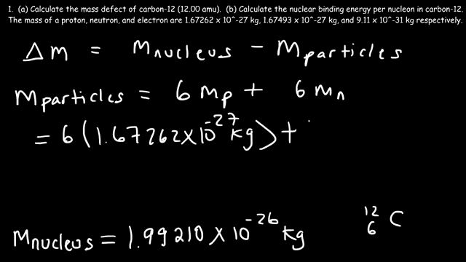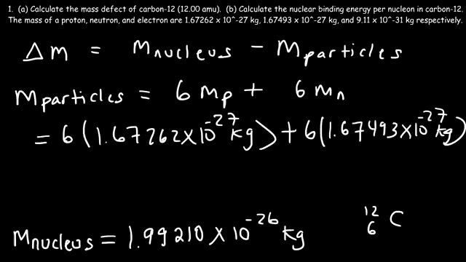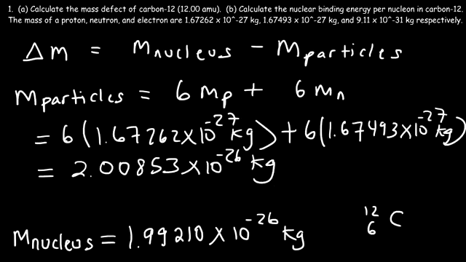And then we have the mass of a neutron, which is a little bit heavier than a proton, but it's almost the same. Alright, so let's figure out what that's going to be. If I typed in everything correctly, this is what I got: 2.00853 times 10 to the negative 26 kilograms. So hopefully you got that too.